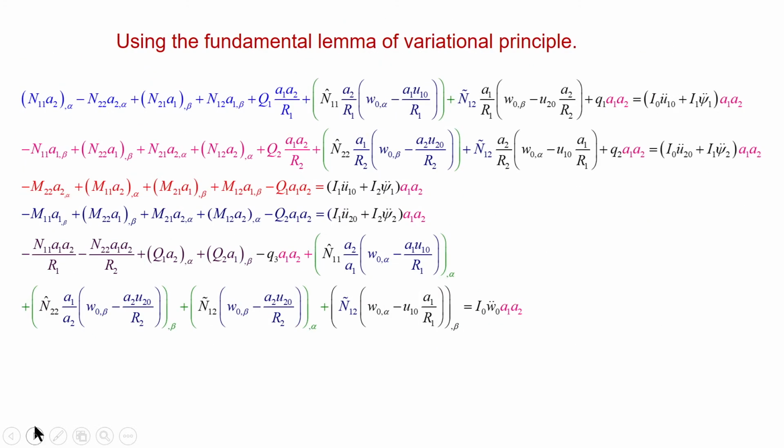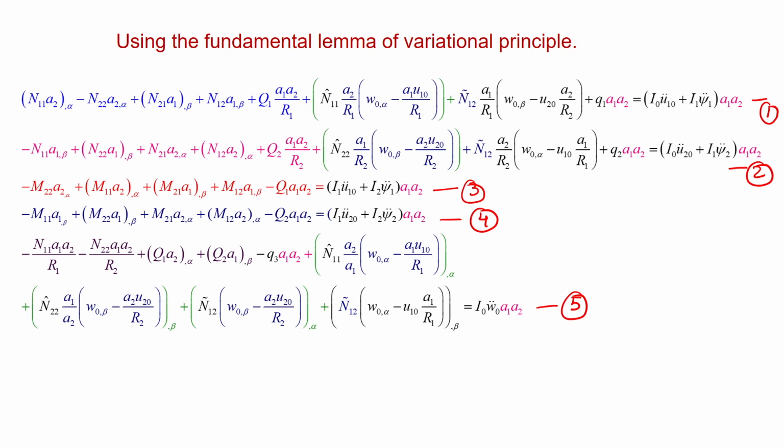So, we will get 5 ordinary differential equations, let us say equation 1, equation 2, equation 3, equation 4, equation 5. In some shell theory books, equations 3 and 4 are kept at the bottom, in some they are kept in between. Here we can see that all equations are coupled.